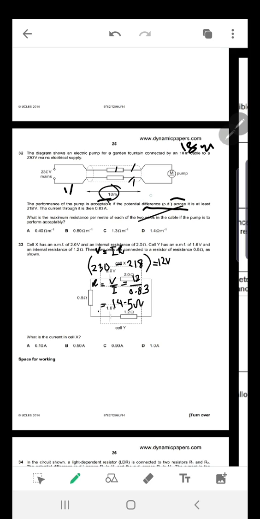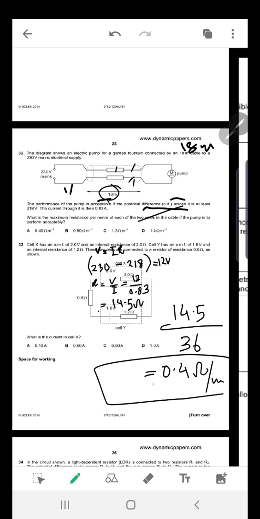The total length of the wire corresponds to the total resistance of 14.5. The resistance you have calculated is for both wires, so you need to divide 14.5 by 36. This is 0.4 ohms per meter, which is the resistance per meter. Got the point? Okay.